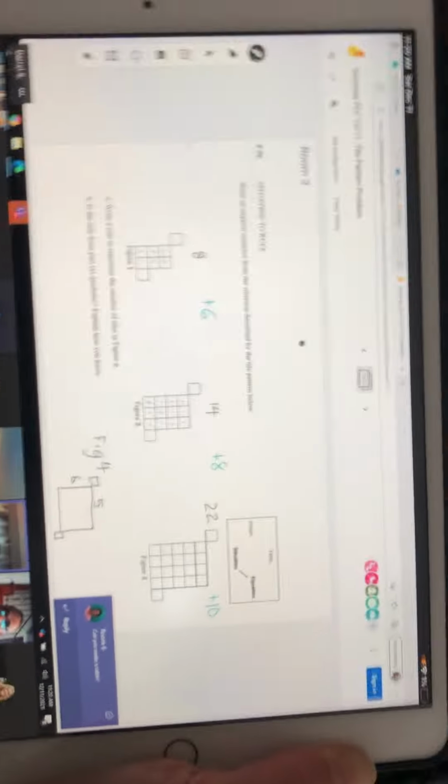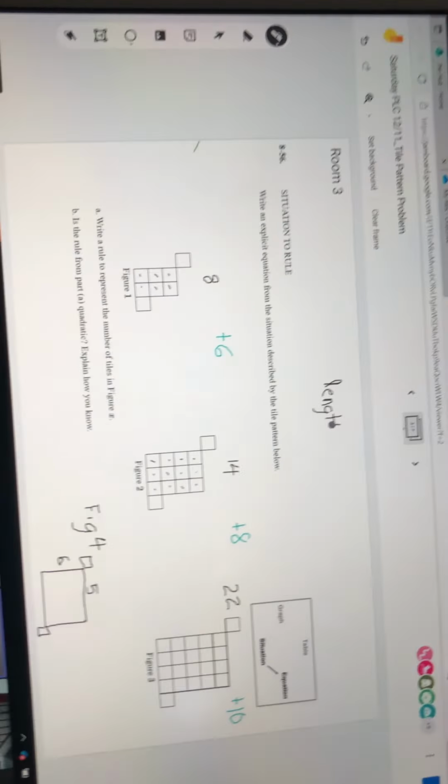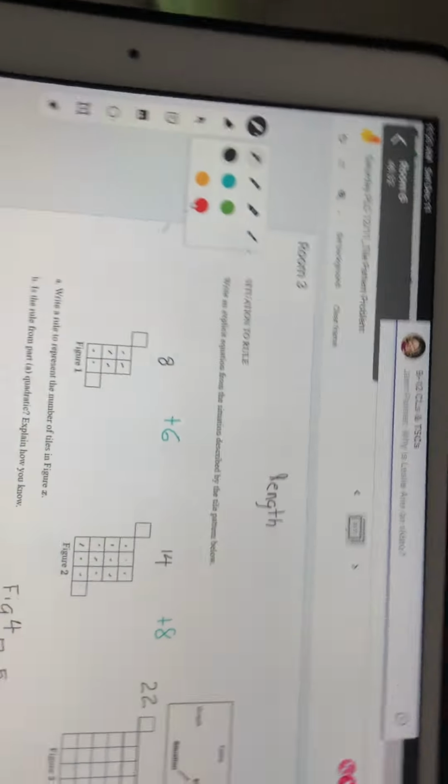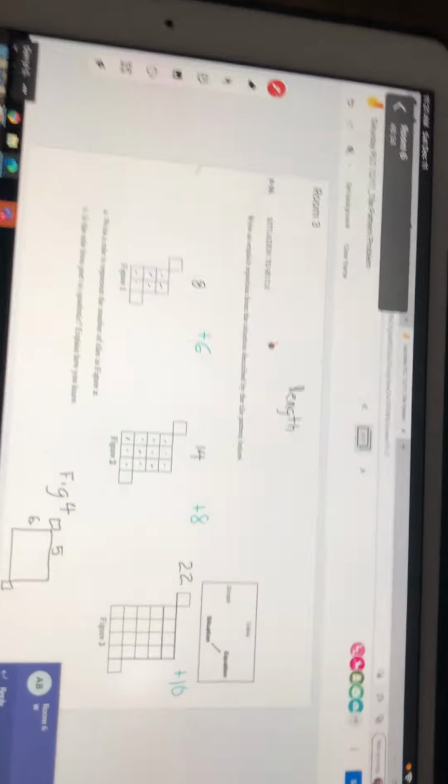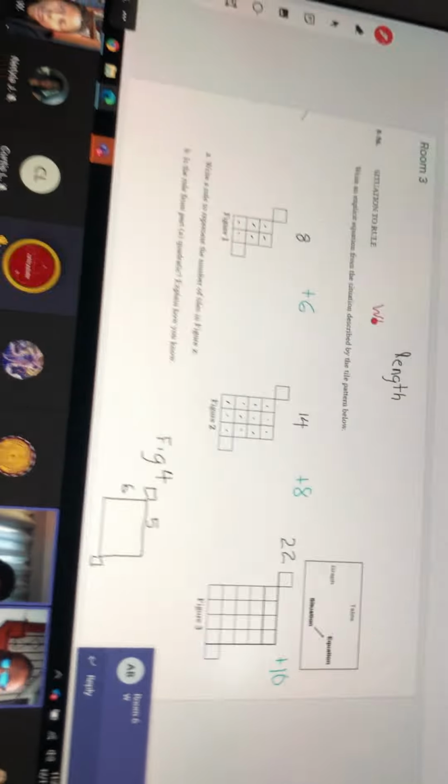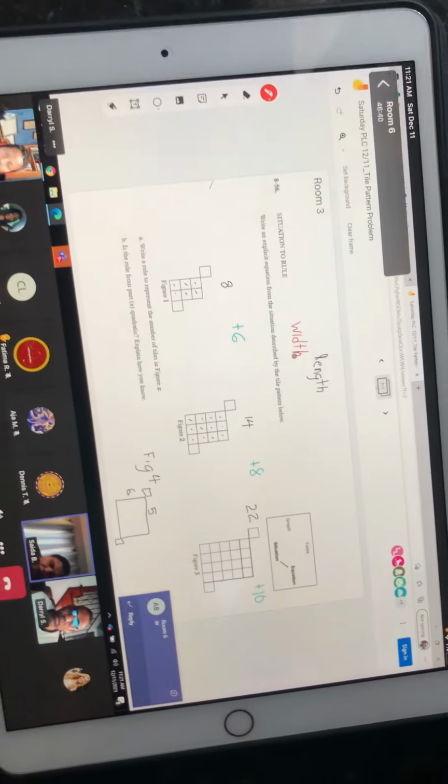Okay, Fatima, so instead of 5, if we don't know the number, what would we call it? Let's say you want to call the width something. What would be a variable you would use? W, maybe. You could use W. But what about the length? How much more than the W is the length? 1. So you're going to do W times what?